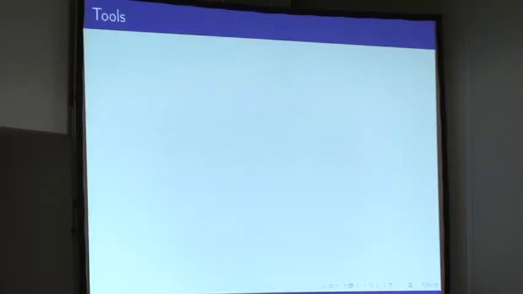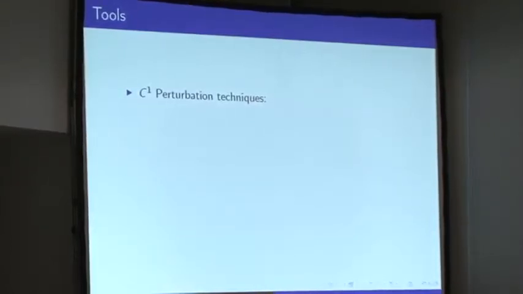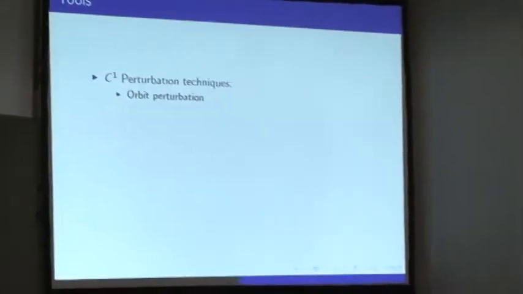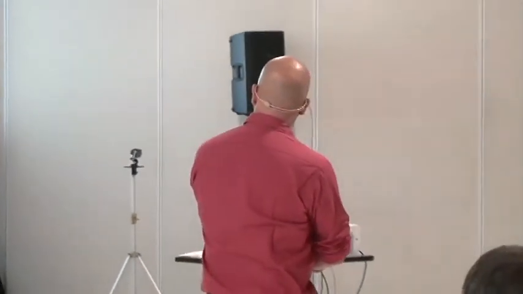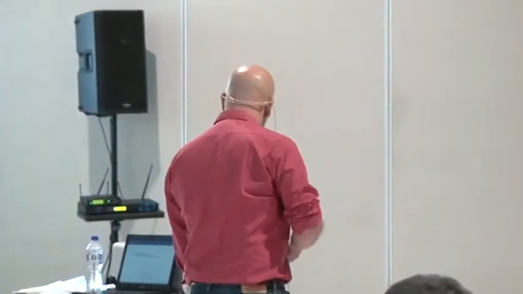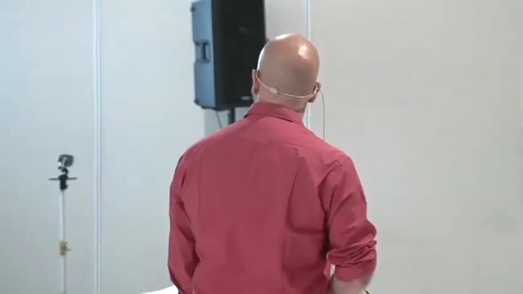Let me say something about the tools that we have used in all these kinds of results. The important thing is that we did it just in the C1 category, because we only know some perturbation techniques in C1. The perturbation techniques that we have here are not known in C2. There are some orbit perturbation techniques to obtain periodic points, for instance Pugh's closing lemma, Mañé's ergodic closing lemma, Hayashi's connecting lemma, the Bonatti-Crovisier connecting lemma for pseudo-orbits, and so on.